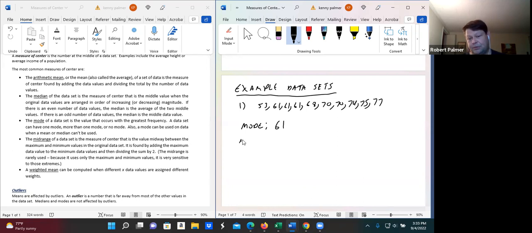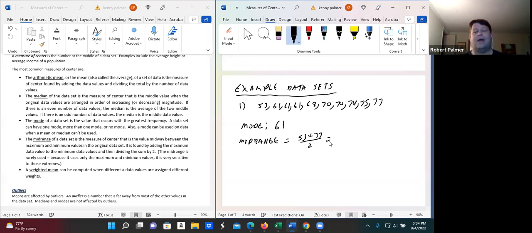The mid-range, which once again is something you're not going to use very often. The way we find it is it's the average of your extreme values. The minimum value is 53 plus the highest value is 77, divided by 2.